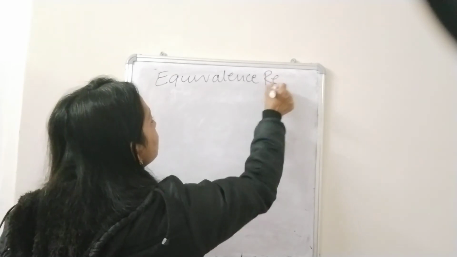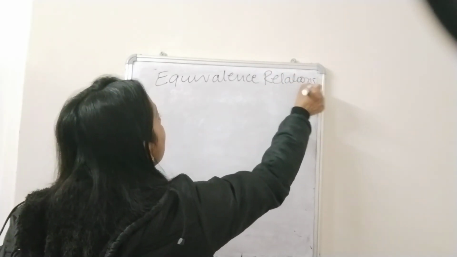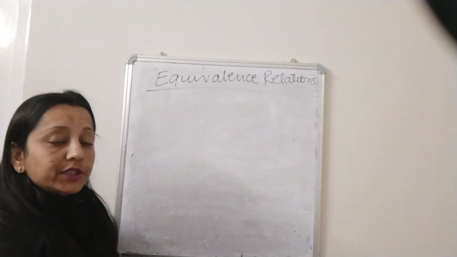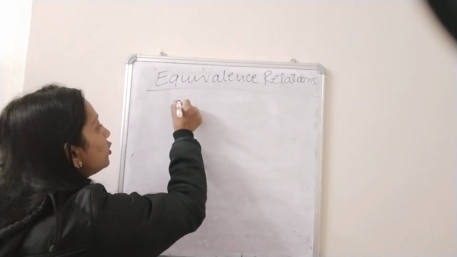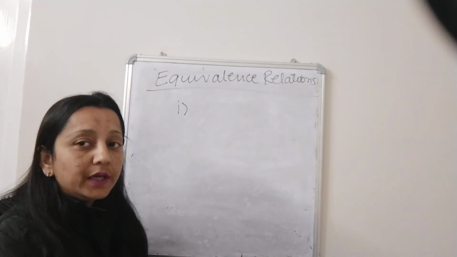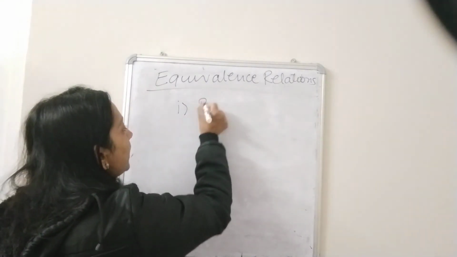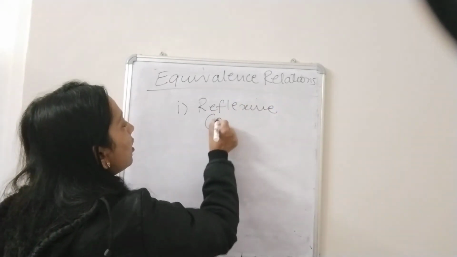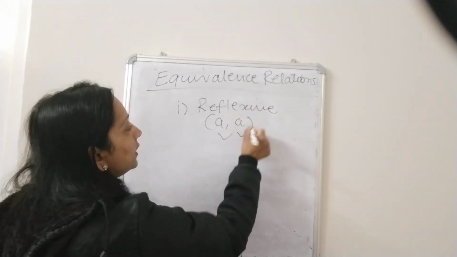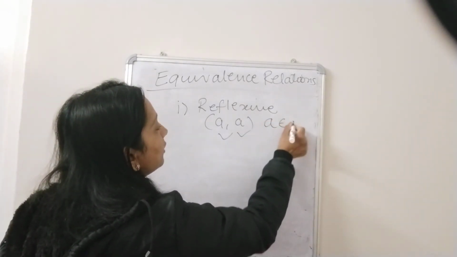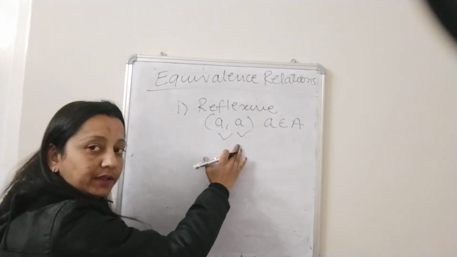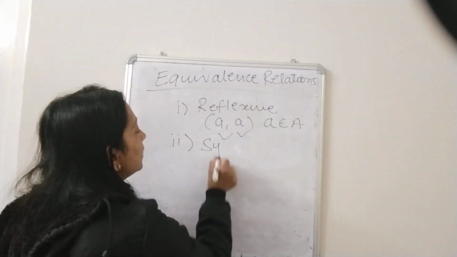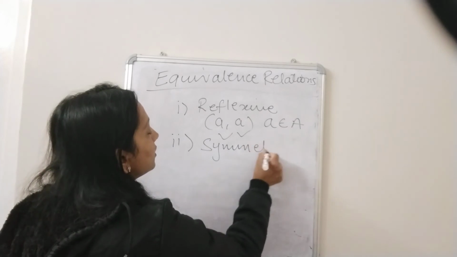Okay, now next, another kind of relations that we have are equivalence relations. Equivalence relations are an extension of the relations we have studied. As per rule, a relation will be an equivalence relation if it is reflexive, that is, all the ordered pairs are in the format AA, for all A that belongs to set A. Then the second property is symmetric.